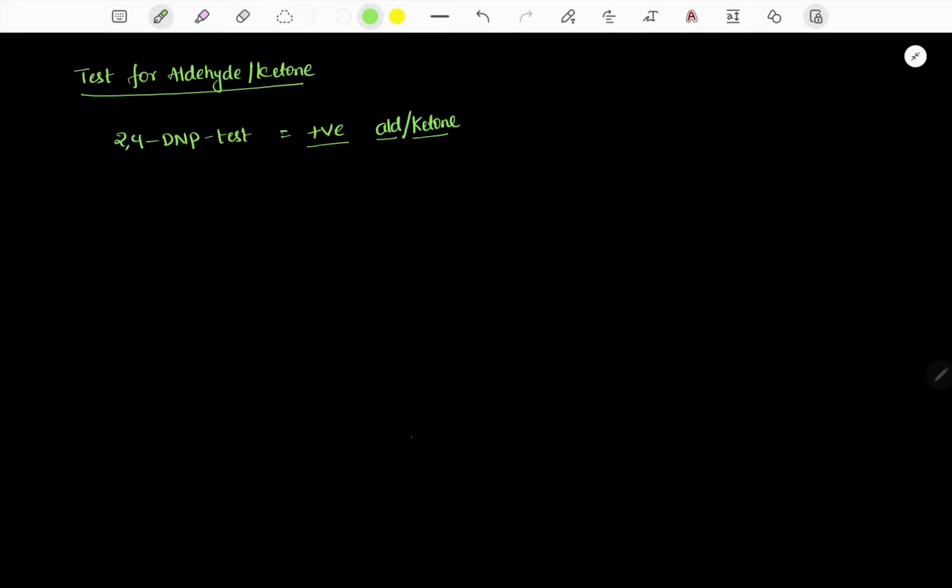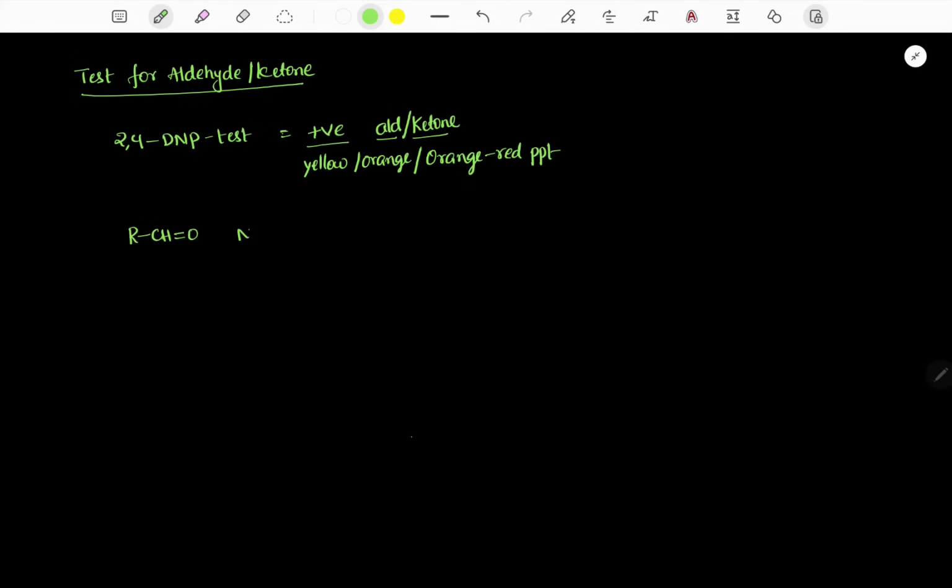And here we get colored compounds, and the color can be yellow, orange, and orange-red precipitate. So it confirms the reactant has either aldehyde or ketone. So we know the basic reaction.